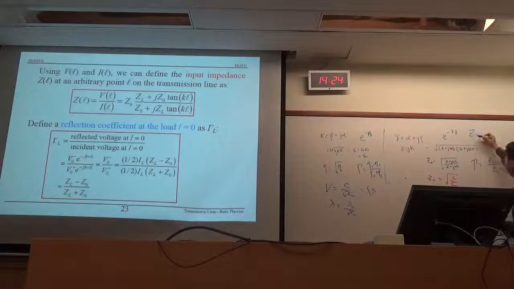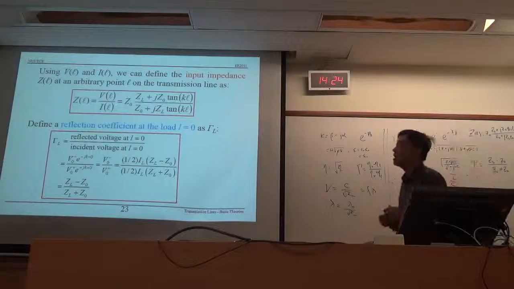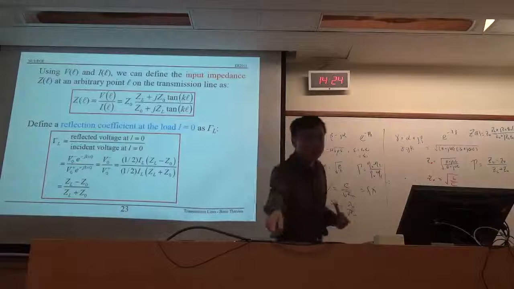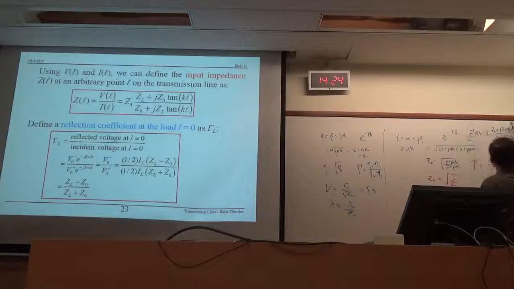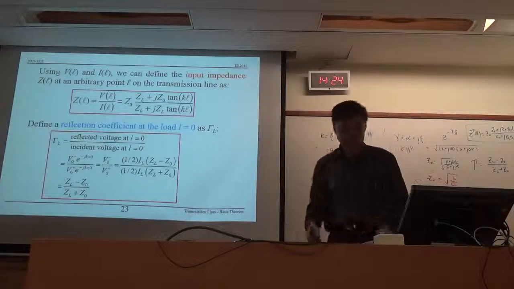Z at the point L is equal to Z0 times ZL plus j Z0 tangent kL over Z0 plus j ZL tangent kL. So you have the extra equations that you do not have in the wave propagation. The rest are basically the same.